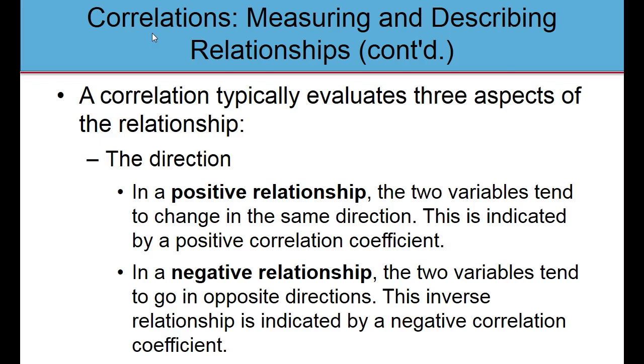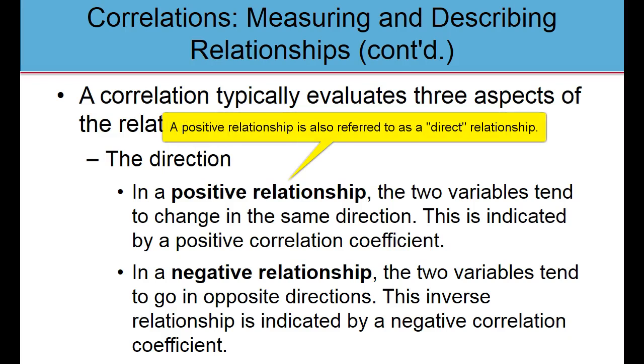All right, we can take away from a correlation three aspects of the relationship. First, we can take away what the direction of the relationship is. So, for example, if there was a relationship such that with increased income we saw higher grades, we would call that a positive relationship.